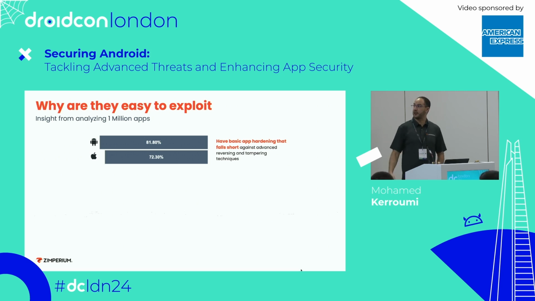So they don't have advanced obfuscation and advanced techniques to protect them from attacks. So basically anyone can get your app, analyze it, decompile the code, and understand and get some secrets from the application, or they can just copy the code and create a clone of the application, right?